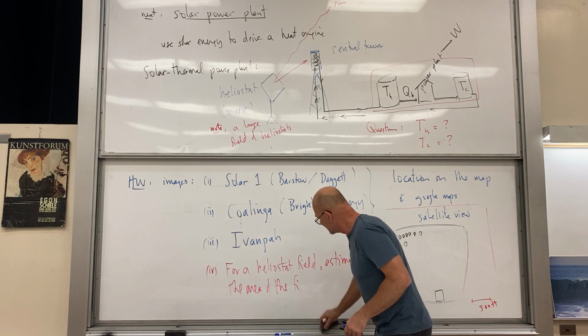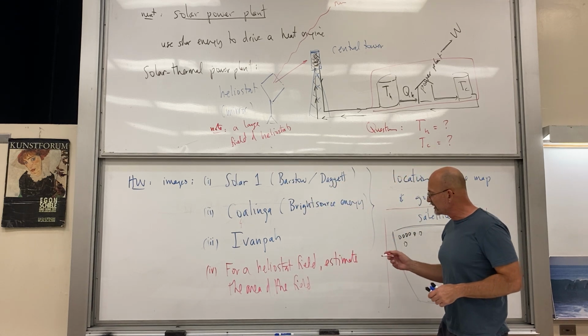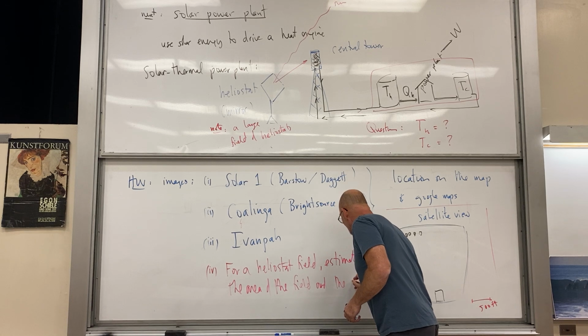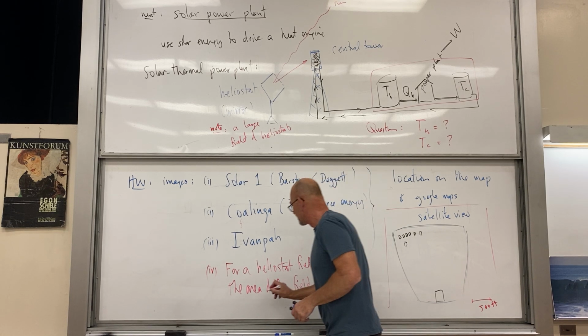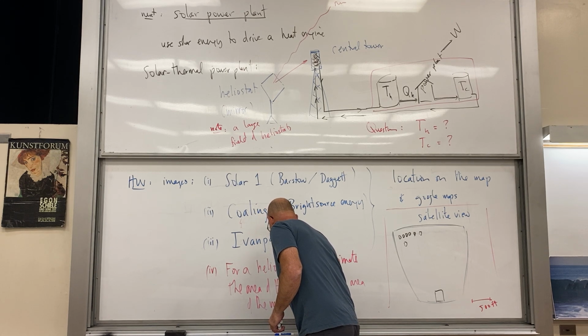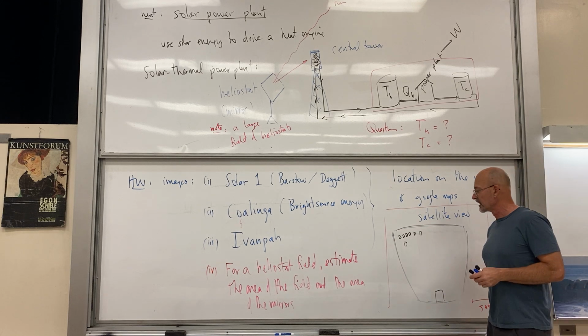Is that legible? So estimate the area of the field and the area of the mirrors. You know, it could be a half or a third or a quarter or something.